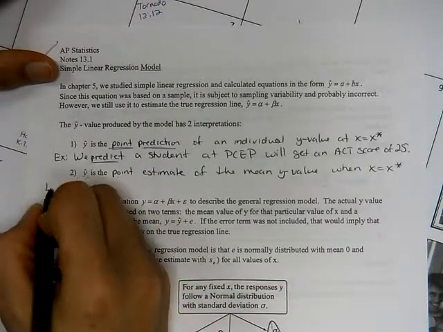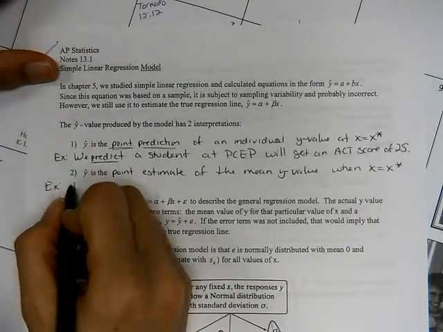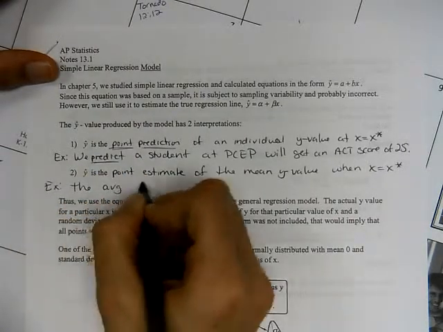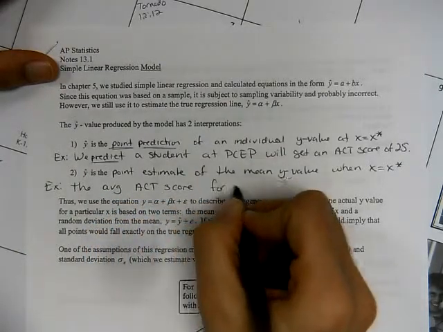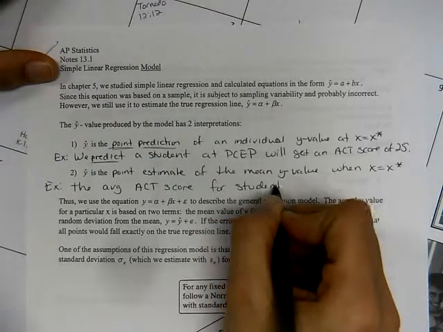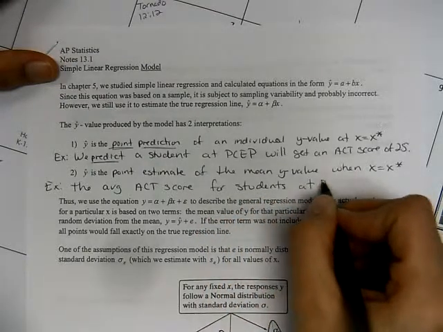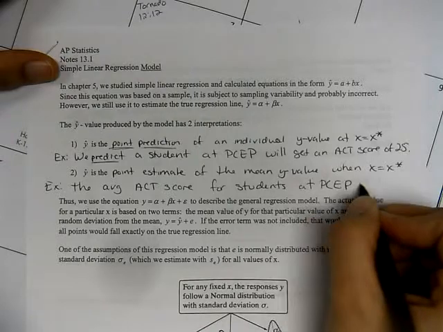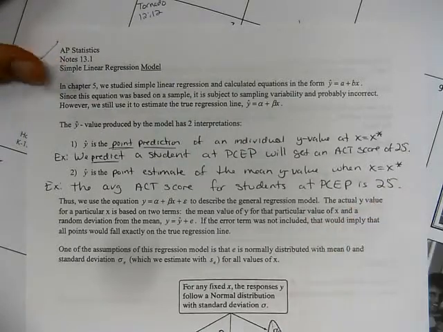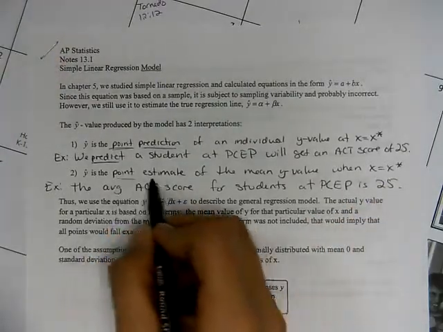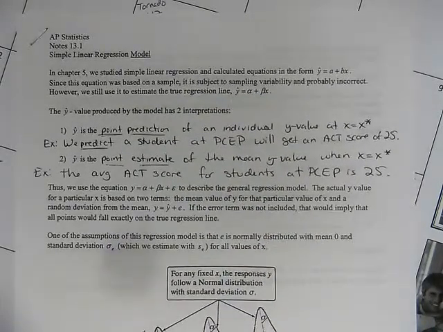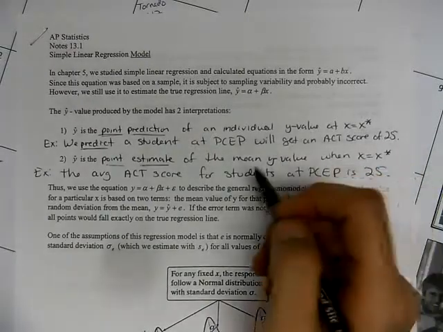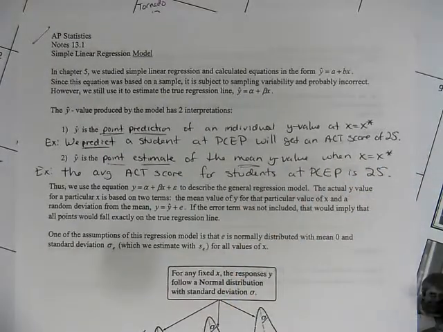So we could also say the average ACT score for students at PSEP is a 25. So we either write it as a point prediction, which is kind of what we did in chapter 5. Chapter 13 is saying it can also be a point estimate for the mean y value.